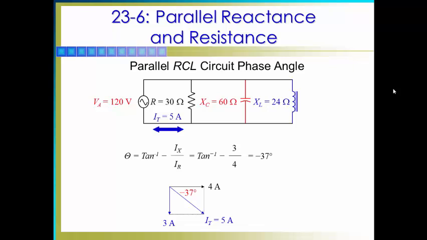The equation is the net reactive current divided by the resistor current. The ratio of the two currents gives us the tangent, and we take the inverse tangent, of course with a negative angle, because we know it is more of the inductive reactance.